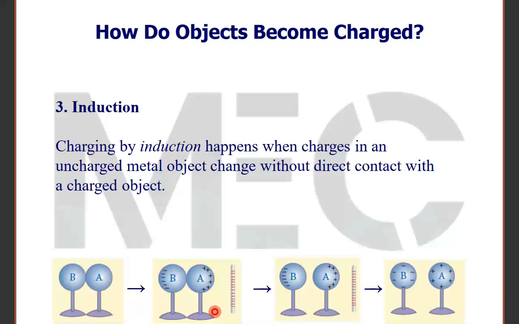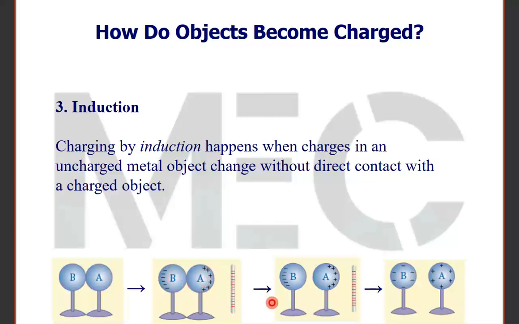In the next step, we bring a negatively charged rod close to sphere A. Because this is negatively charged, a positive charge is induced here and a negative charge is induced here, because they're totally neutral, so the positive and negative charges must be equal to each other.